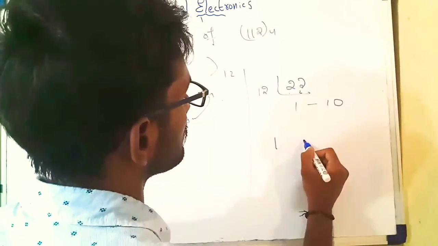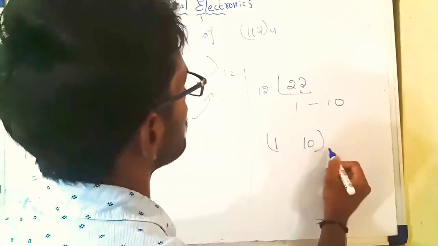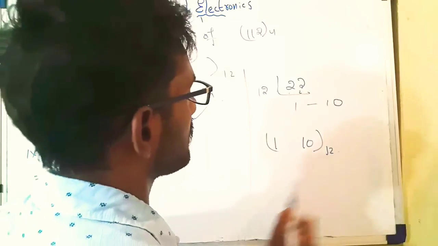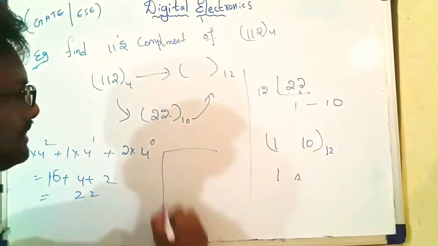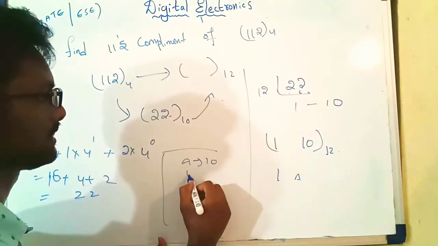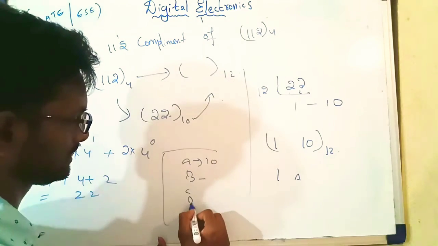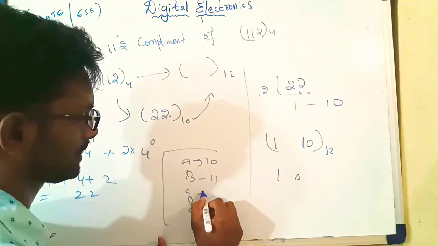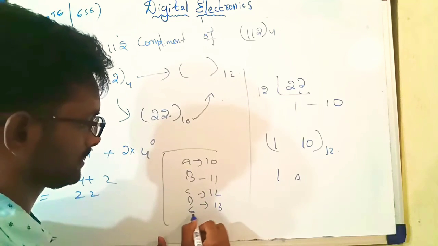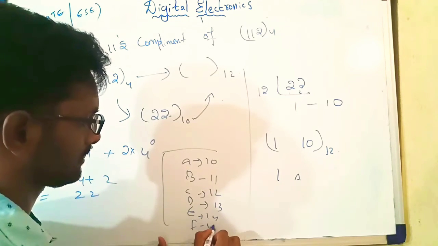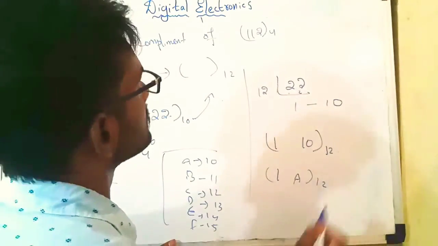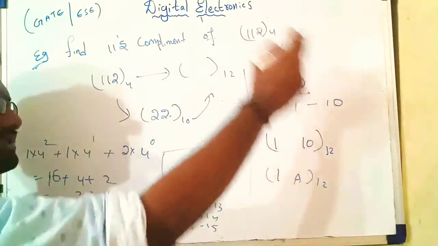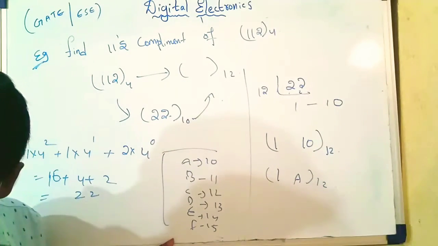So the value will be 1 and 10 in base 12. 10 is nothing but A: A is 10, B, C, D, E, F are 11, 12, 13, 14 and 15. And the value of 10 is A. 112 in base 4 is equivalent to 1A in base 12.